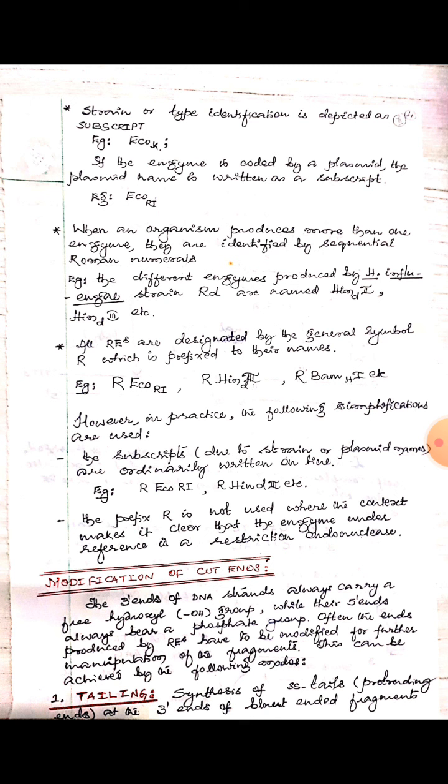So also HindIII is written on the same line. And normally the prefix R is not used where the context makes it very clear that the enzyme under reference is invariably a restriction endonuclease. So these are all the principles based on which we name the restriction endonucleases.